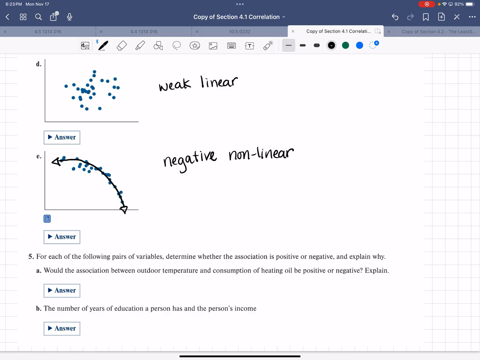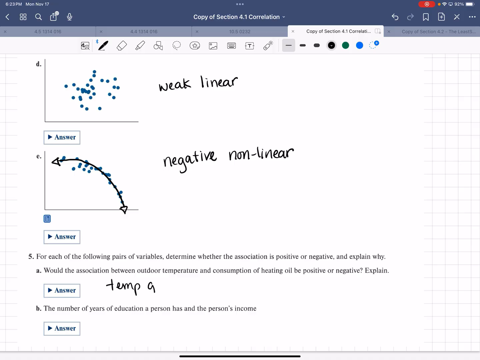So it gets hotter outside, and we're talking about the temperature goes up and the consumption or the purchase of heating oil. So do you think as it gets warmer outside, is the buying of heating oil going to go up? No, it's going to get smaller. It's going to go down. So one thing's going up, the temperature goes up.